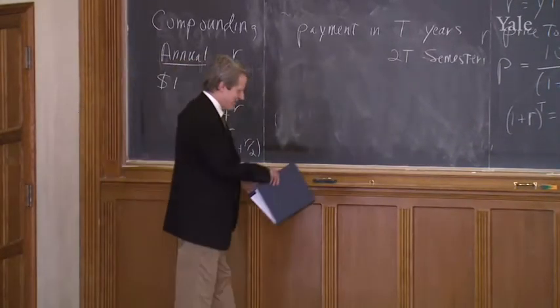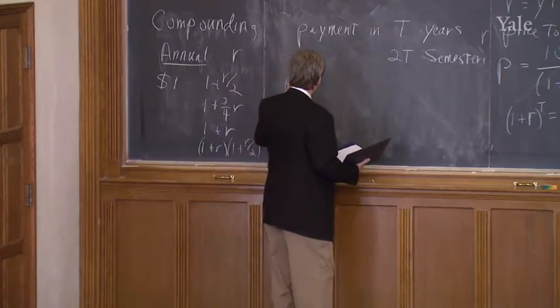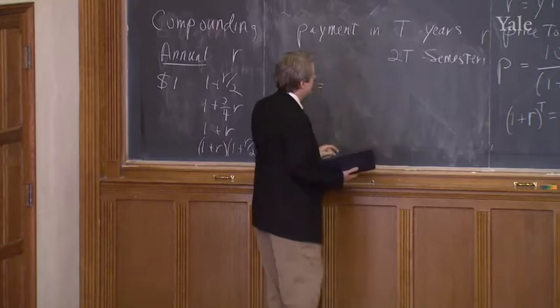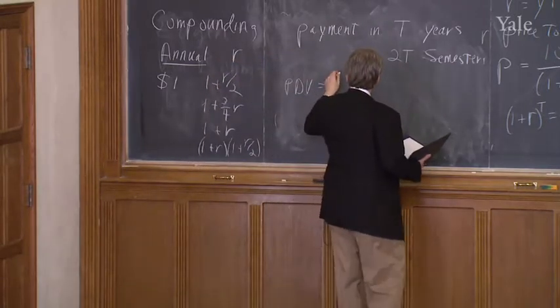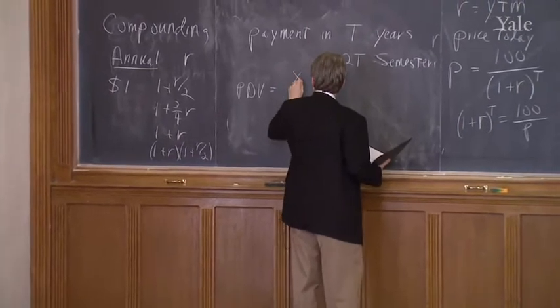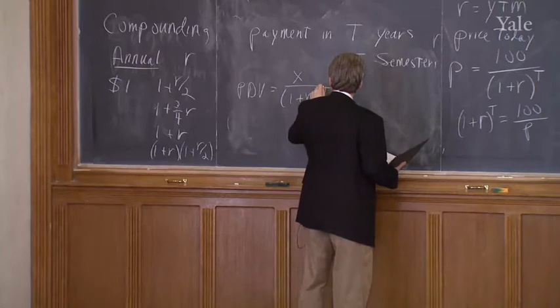Let's talk about annual compounding. The present discounted value of a payment in T years is just the amount, X dollars, divided by 1 plus R to the T.